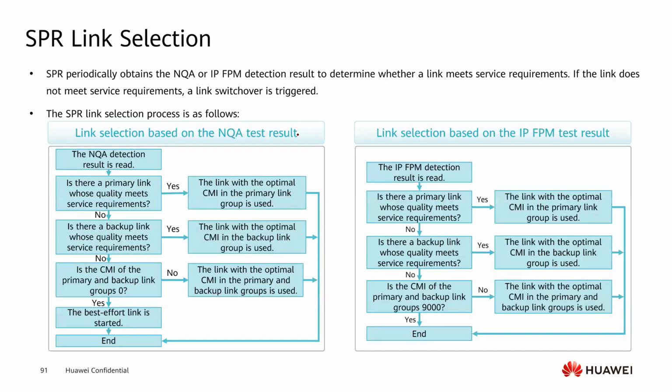Okay, here is how SPR does the link selection. I will not talk about the details here. Basically, you know there will be a selection process, and some way to calculate it.